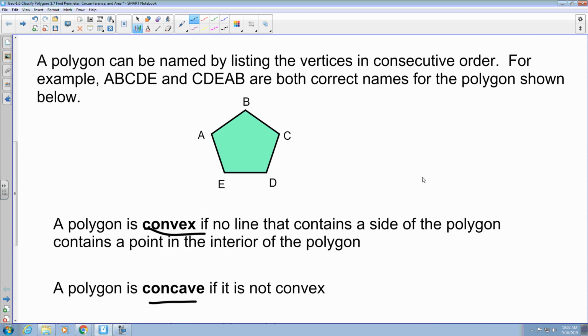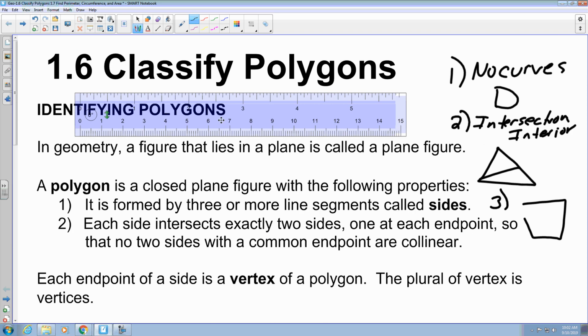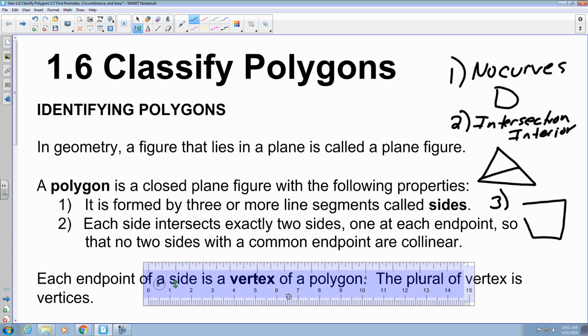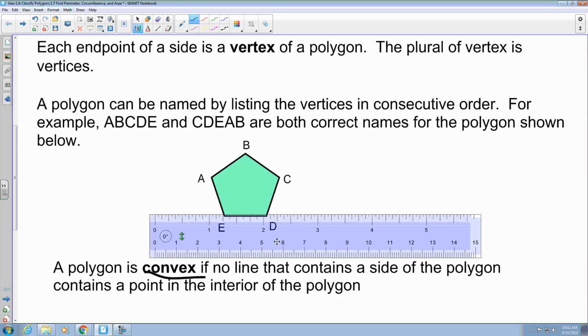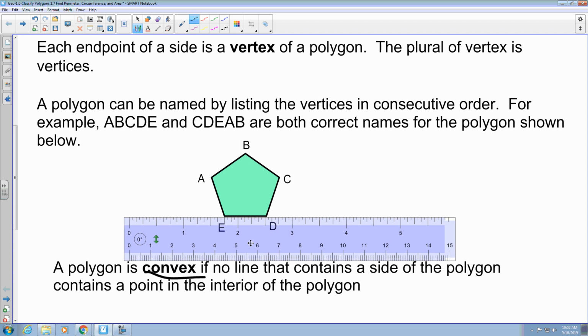Convex polygons: it says if no line that contains a side of a polygon contains a point in the interior of the polygon. So what I usually show is this. I usually take a straight edge and look at each line segment in the polygon.